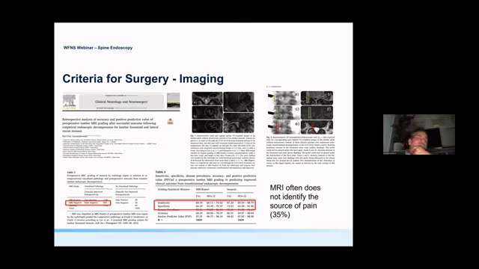And according to his paper that has been published, the false negative MRI reports are about 35%, which means that about 35% of pathologies that are visible with an endoscope are not seen on the MRI before surgery.